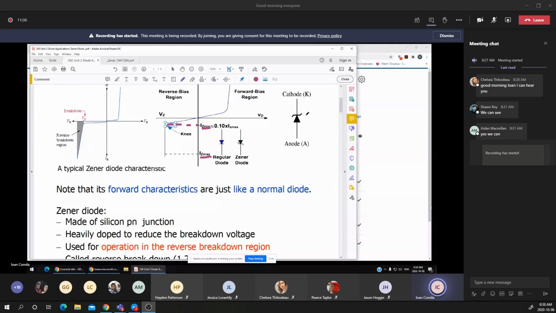You may see another symbol which looks like two triangles side by side, but probably you will not see too many Zener symbols like this one.